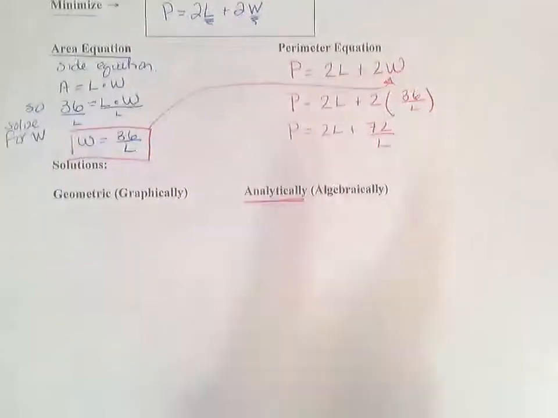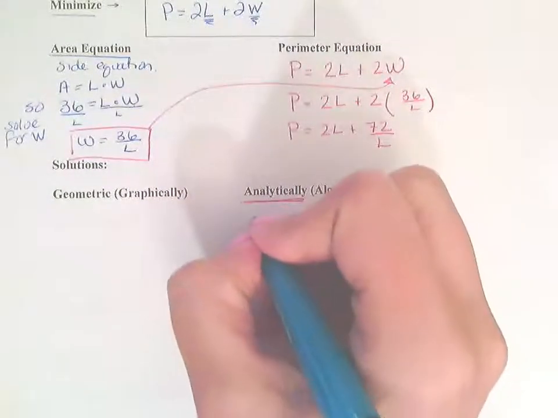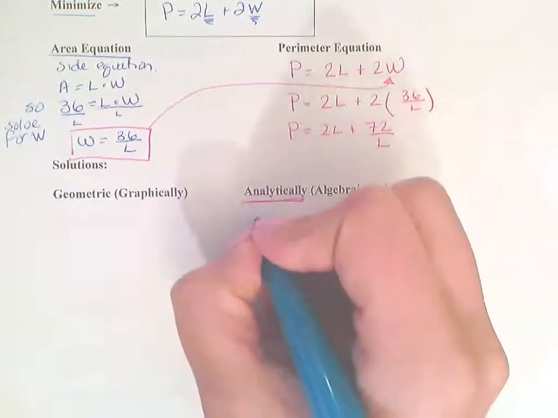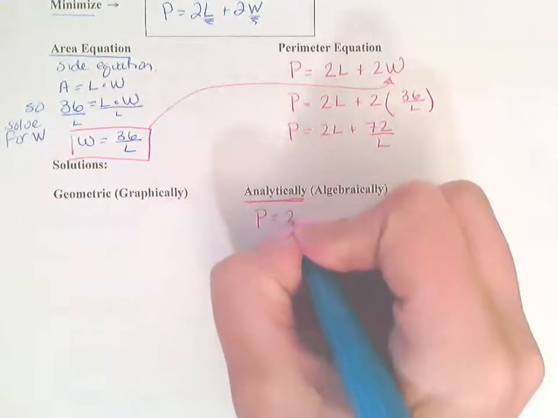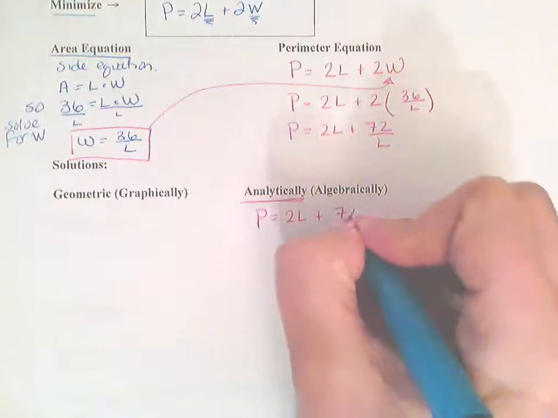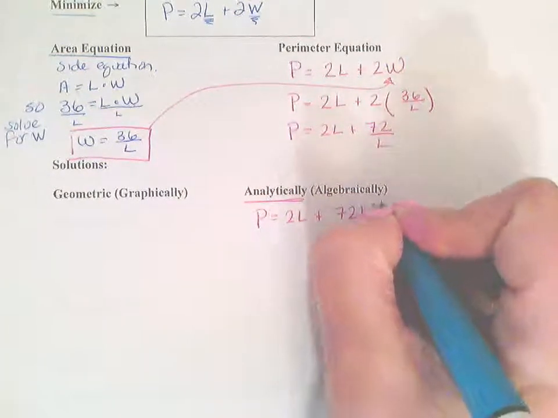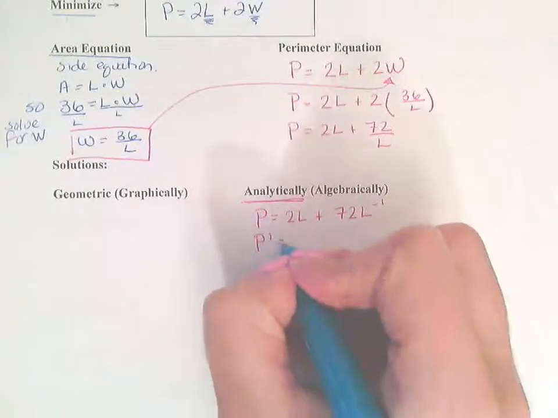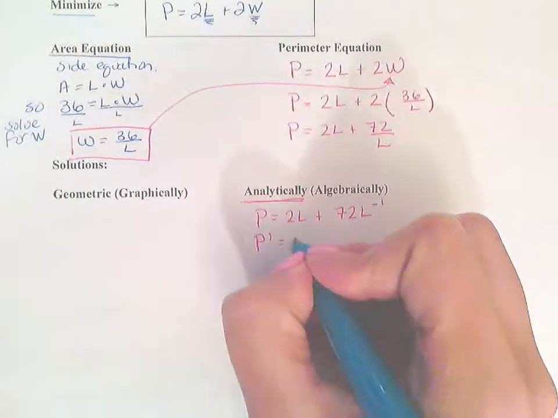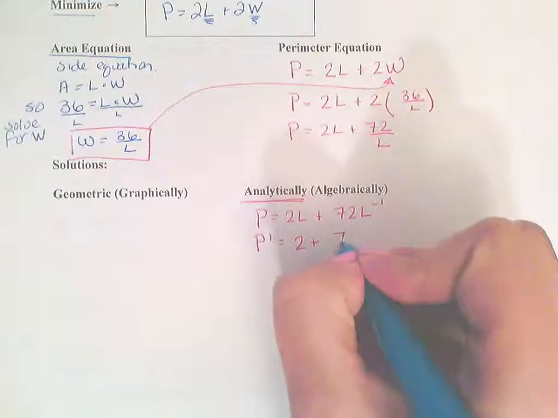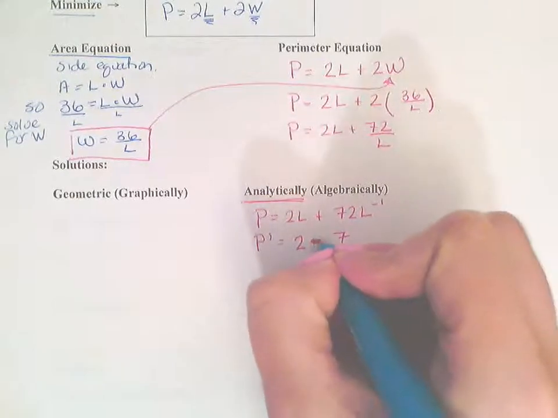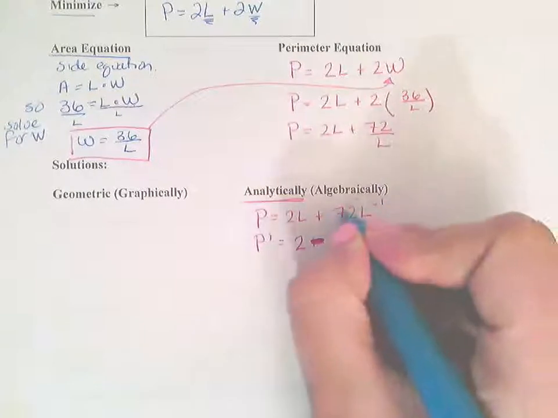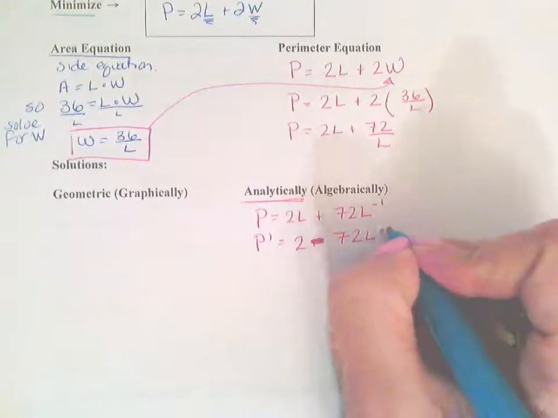So when you're solving analytically, what we want to do is find the derivative of the perimeter equation. So if P equals 2L plus 72L to the negative 1, I'm just moving that L up, the derivative is going to be 2 plus, oh, forgot to put the negative. So this becomes a negative because the negative comes down, negative 72L to the negative 2.